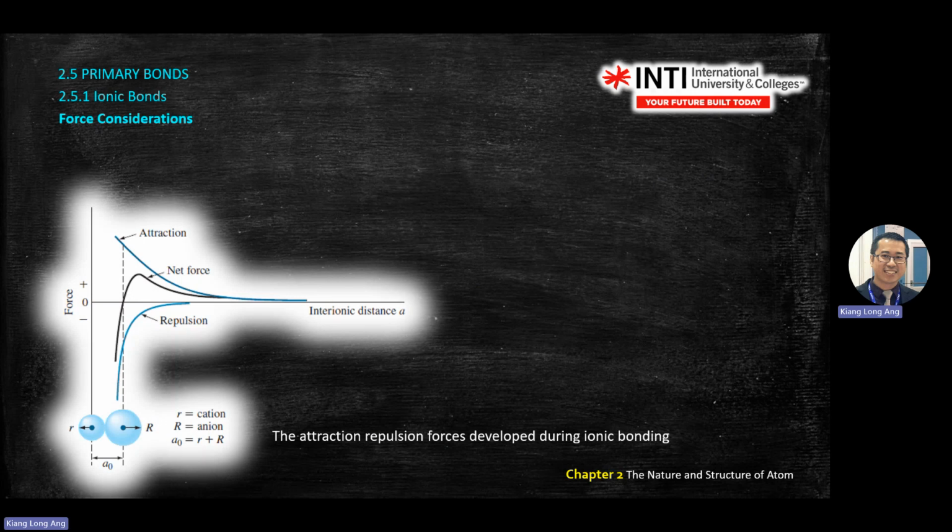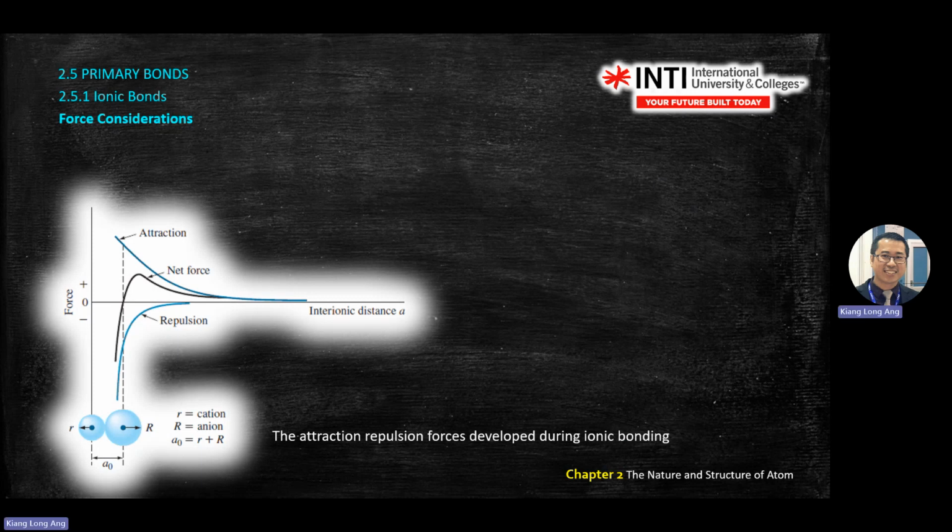Now, as you can see on the graph here, the y-axis is the force, and you have a neutral point, positive force, negative force, and the x-axis is your distance. Let's say you have two atoms, NaCl, Na small, Cl big. You have a reference point from the nucleus.